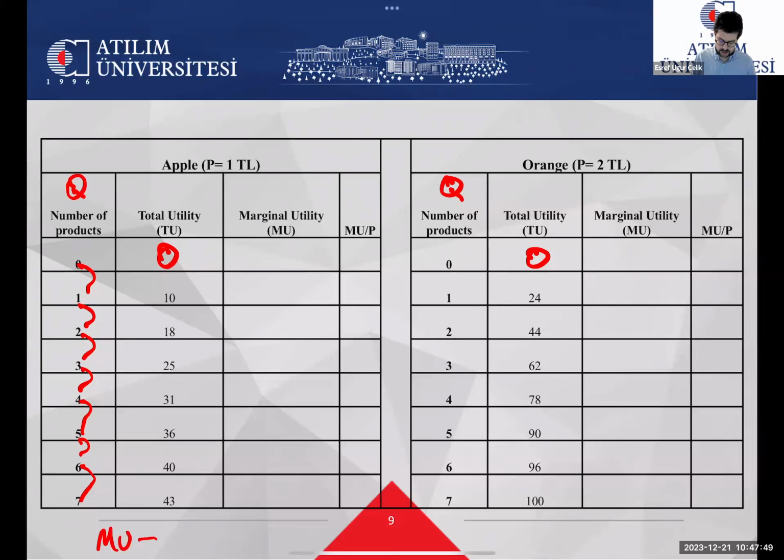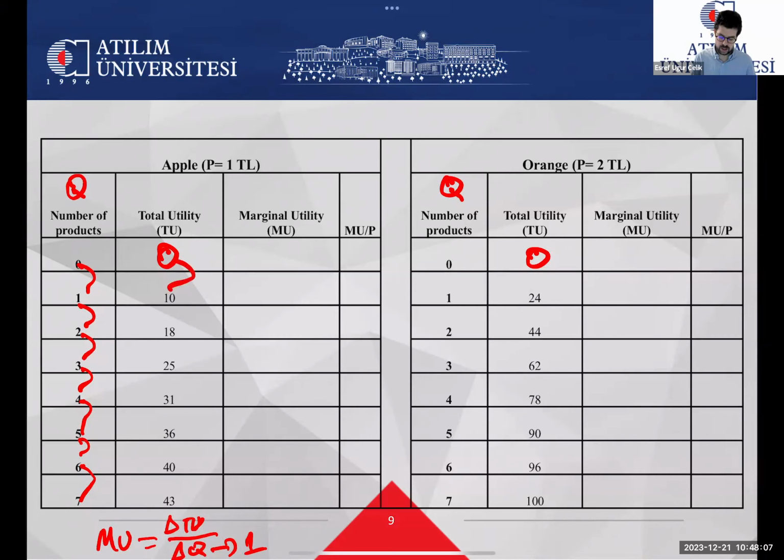And our marginal utility formula is delta total utility divided by delta quantity. So that part is 1. So it is possible to look at only the change in total utility.